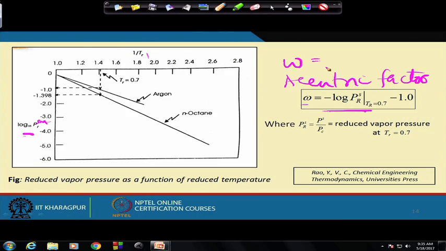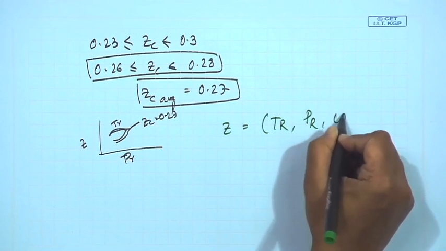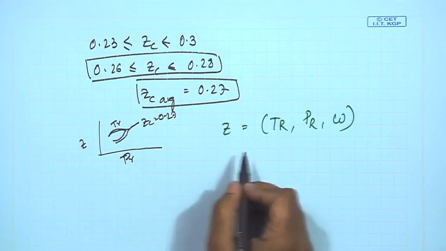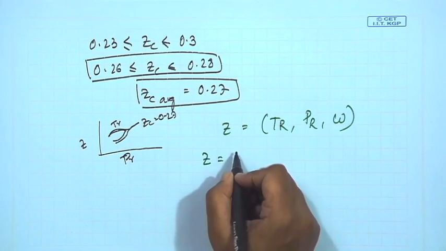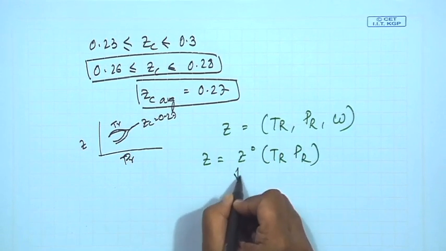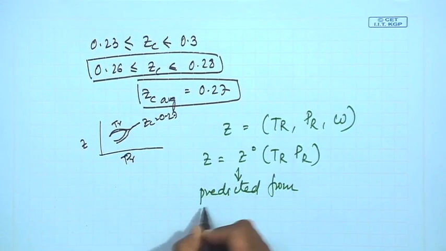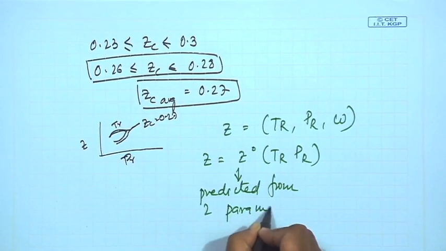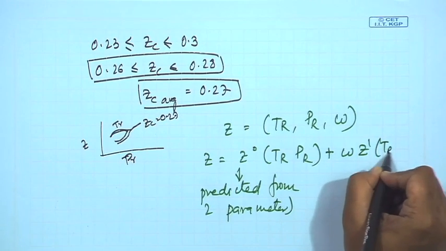And this was taken up as the third parameter in the 2 parameter law of corresponding states, which gave us Z equals a function of TR, PR and omega. The functional form relating Z with TR, PR, omega was something of this sort: Z equals Z0, where this is the Z0 predicted from the 2 parameter model, plus omega Z1 (TR, PR).